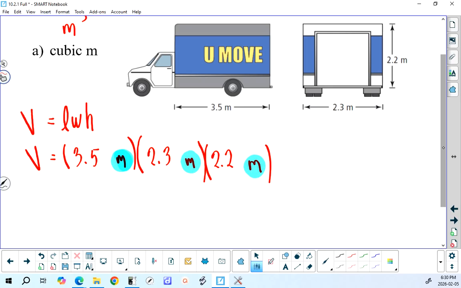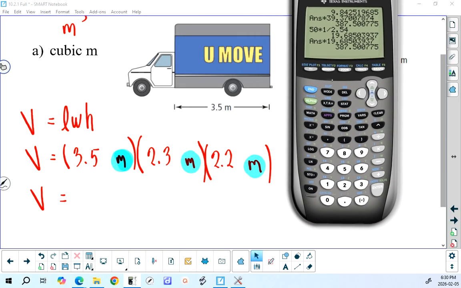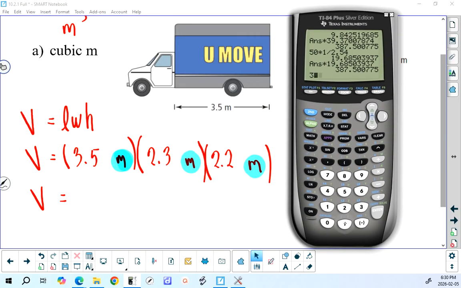The order in which you label these things doesn't matter. You could say it's 2.2 long, 3.5 wide, and 2.3 tall if you tipped it on its side. So we're multiplying those three dimensions, and now we see what we get. 3.5 multiplied by 2.3 multiplied by 2.2 gives me 17.71.